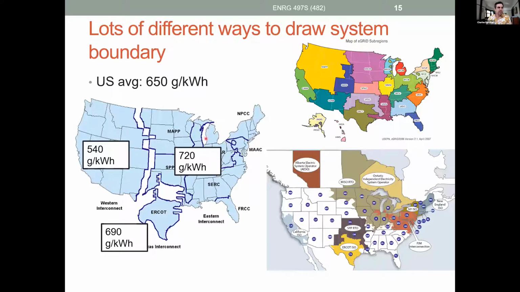There's more coal in the Midwest, and so that's why it's higher. A lot of coal in the South too, so these are slightly higher than us. Our grid is about 200 grams. Puget Sound Energy is about 200 grams per kilowatt hour, far less than the natural gas average, because we have so much hydropower.